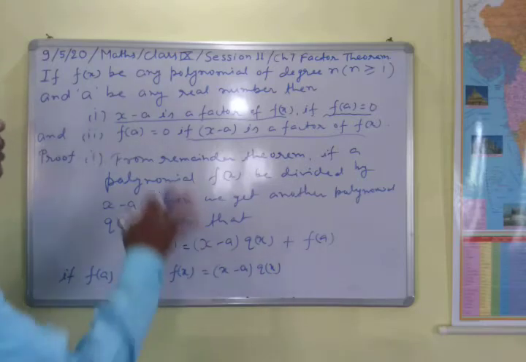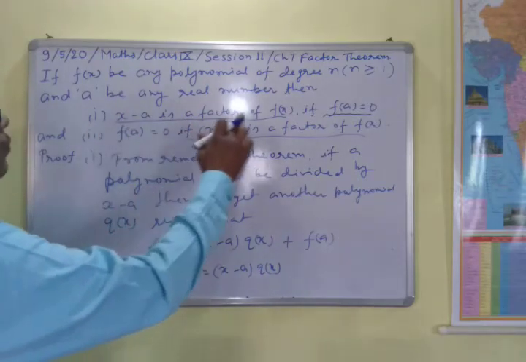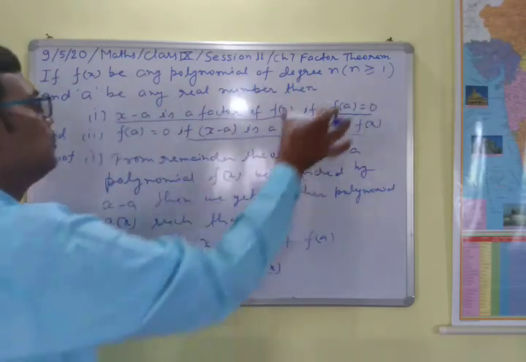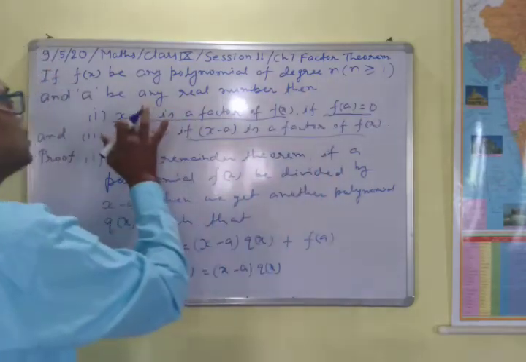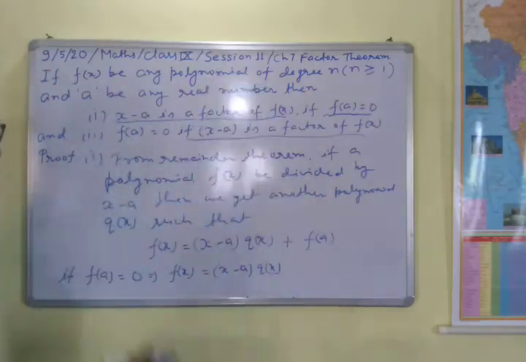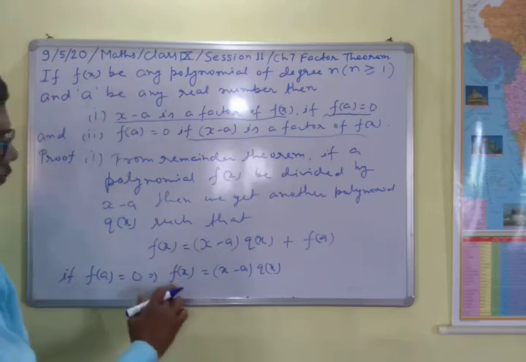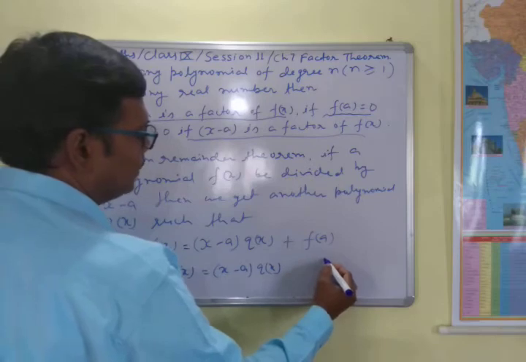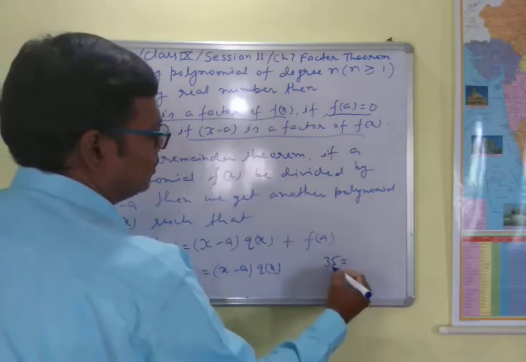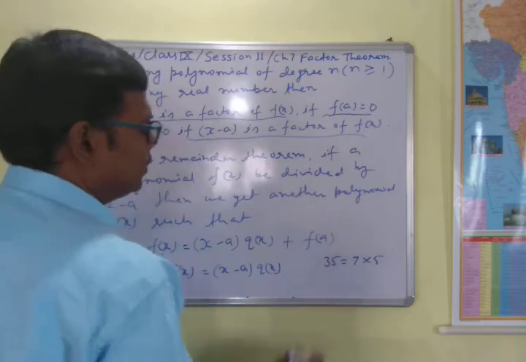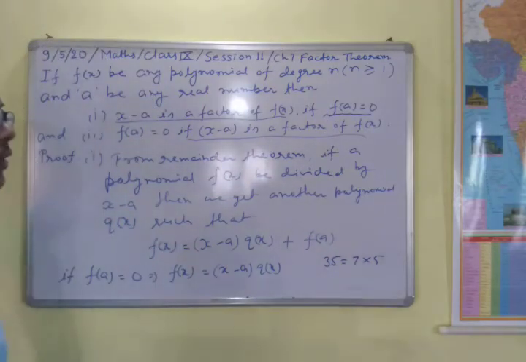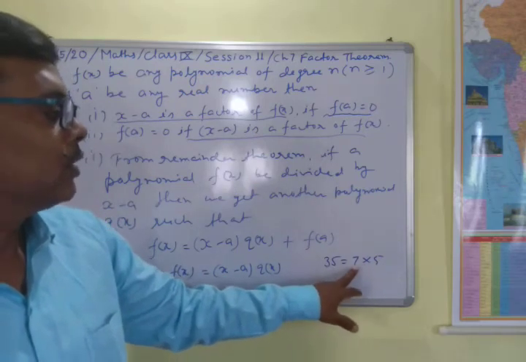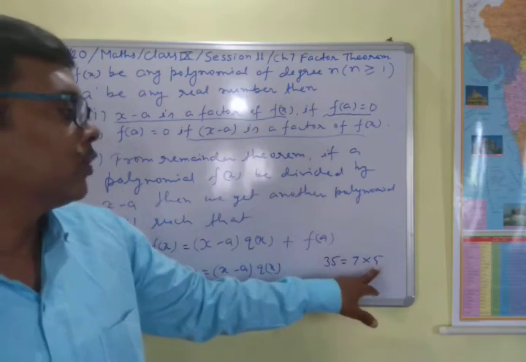So this proves the first statement: if f(a) equals 0, then x minus a is a factor of f(x). You know, for example, suppose there is a number like 35, and if you write 35 equals 7 into 5, then we say that 7 is a factor of 35, and 5 is also a factor of 35, because 7 divides 35 exactly, and 5 also divides 35 exactly.